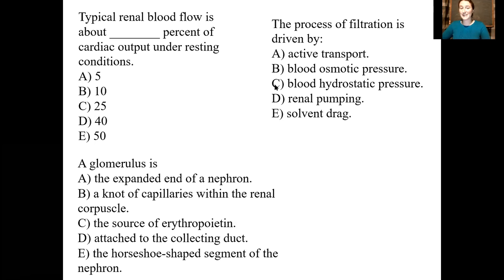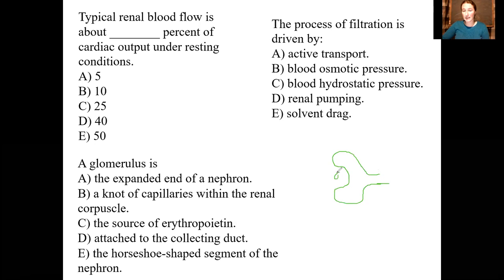All right, this one's a little trickier, right? So here is what you guys said. Let me point out that filtration is what's happening. All right, here is the glomerulus, the capillaries, and here is Bowman's capsule.